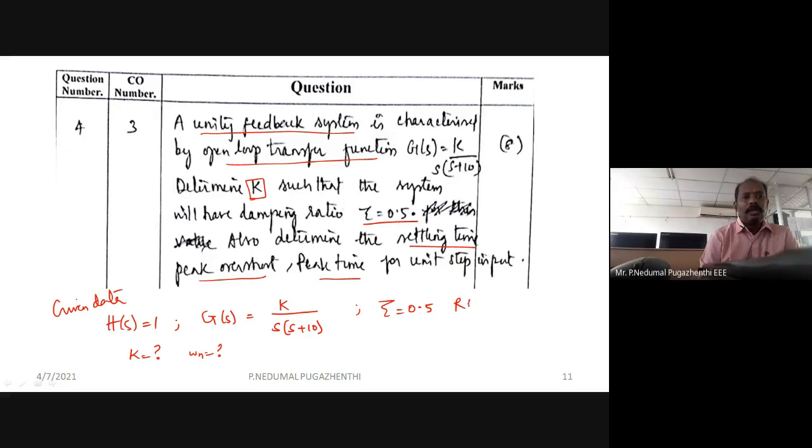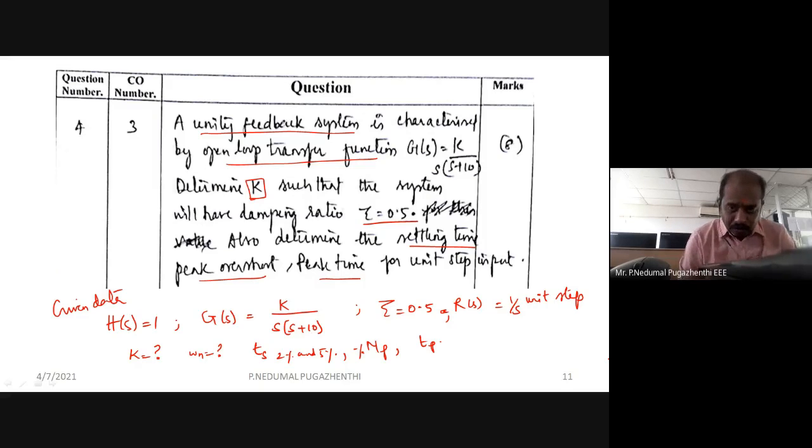One more data provided is R of s equal to 1 by s, that is your unit step signal. You are supposed to find settling time for 2% and 5%, maximum peak overshoot in percentage, and peak time.